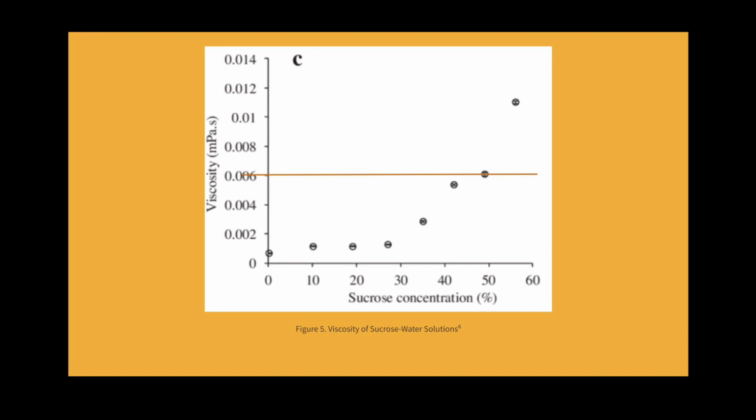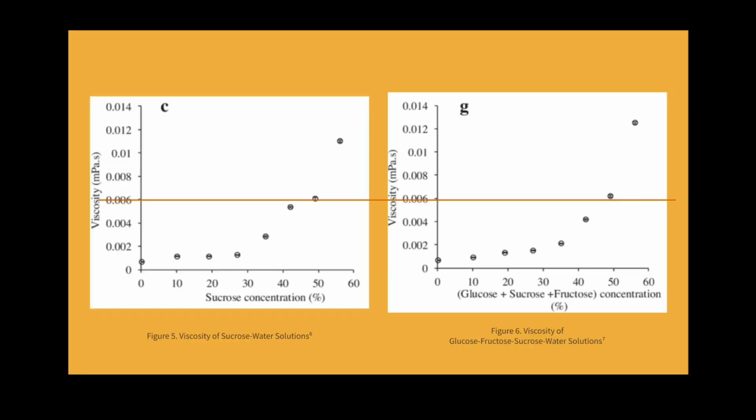This graph is similar to the first two, however, this graph involves sucrose. Sucrose is the main ingredient in nectar, and nectar is mostly water and sucrose with a sprinkling of other compounds and nutrients. The horizontal line on this graph is located a bit higher at 0.006 millipascal seconds, or centipoise. As you can see, sucrose is a bit more viscous than glucose and fructose.